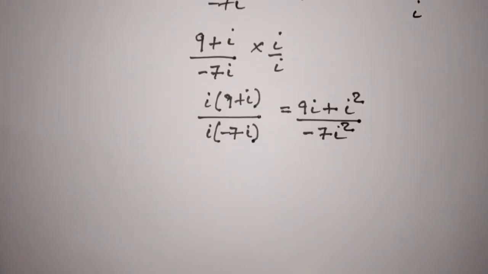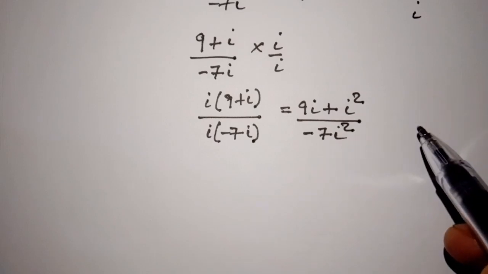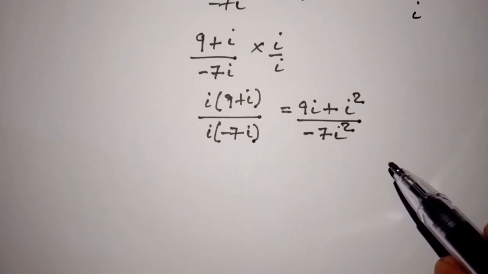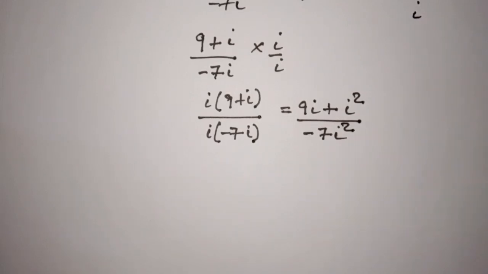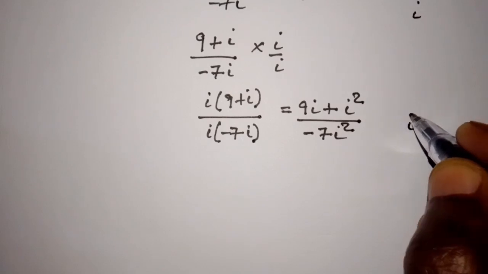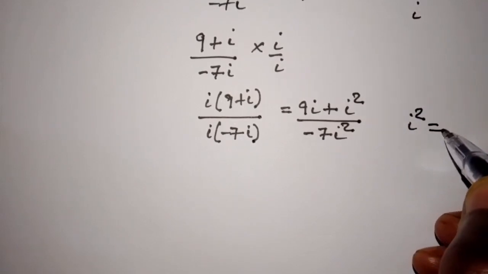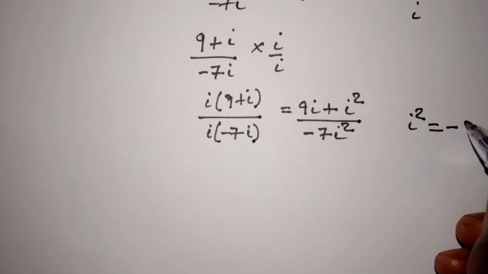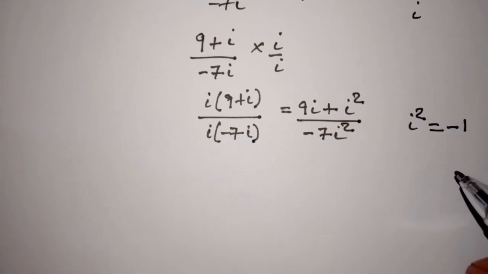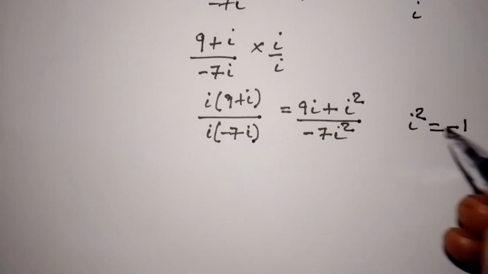Then we want to apply the property of imaginary numbers where i squared is given by negative 1. i squared is negative 1, so we substitute here.